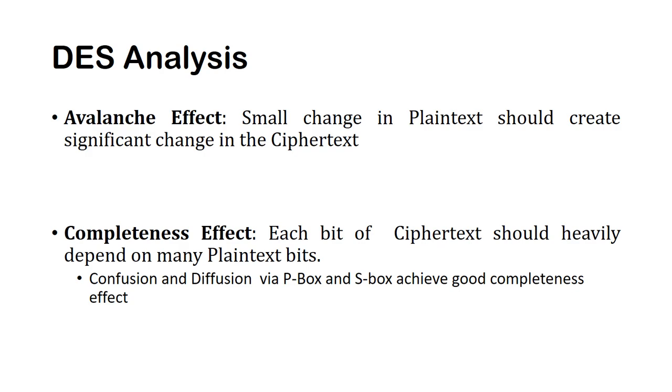So one change in the plaintext causes a significant change in the ciphertext as well. That means one bit has an impact on many bits of the ciphertext. So each bit of the ciphertext depends heavily on the plaintext, which is thoroughly achieved in DES with the help of confusion and diffusion through permutation and substitution boxes. So it has the completeness effect as well.